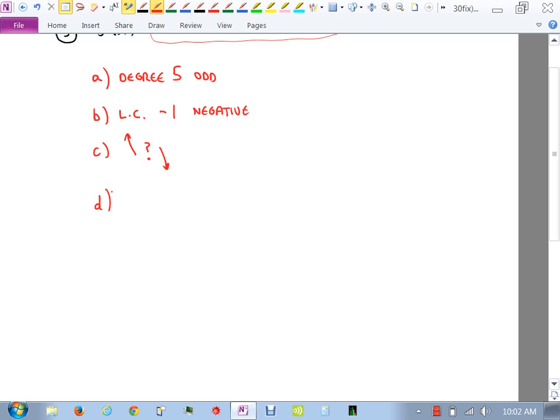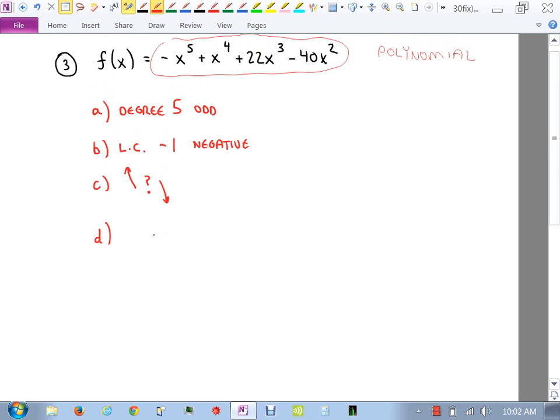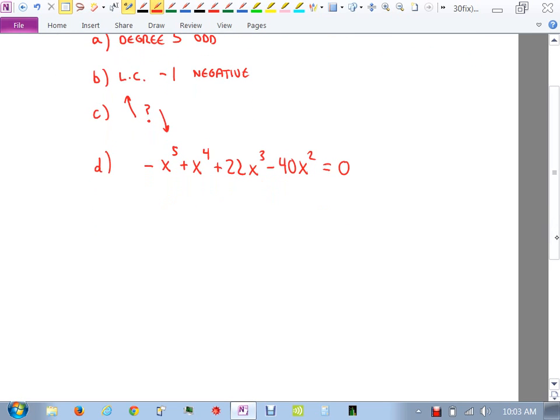So to do that, though, we have to actually set the function equal to 0 and try and factor it. Solve the equation. So how are you going to factor this? Grouping won't work. But before grouping, GCF.